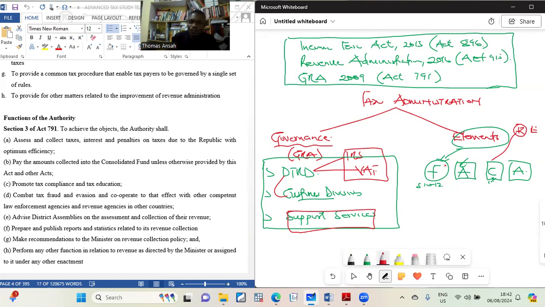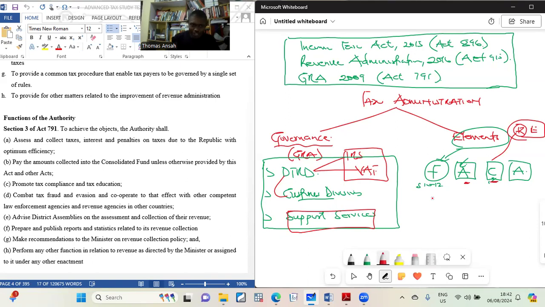So resolution of dispute. Yeah, I normally add it, but all these ones we are talking about are already inside the collection. At the time you are collecting or assessing, somebody will dispute it, and you will be doing dispute resolution.